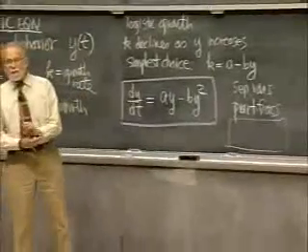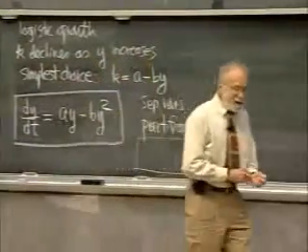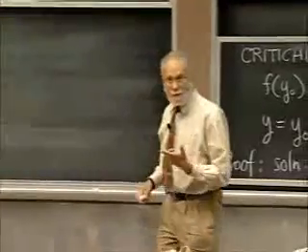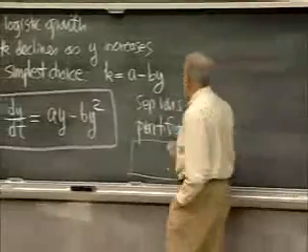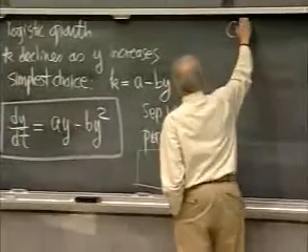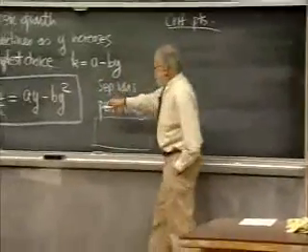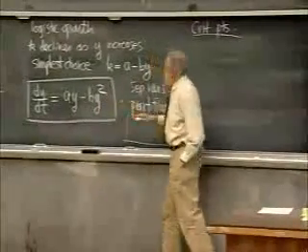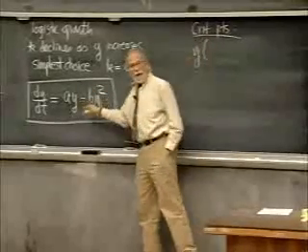It's unpleasant enough looking to make you feel that there must be an easier way, at least to get the basic information out. Okay, let's see if we can get the basic information out. What are the critical points? Well, this is pretty easy. I want to set the right-hand side equal to 0, so I'm going to solve the equation. I can factor out a y.